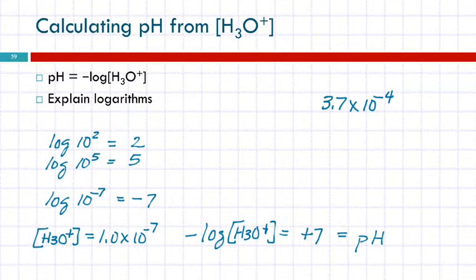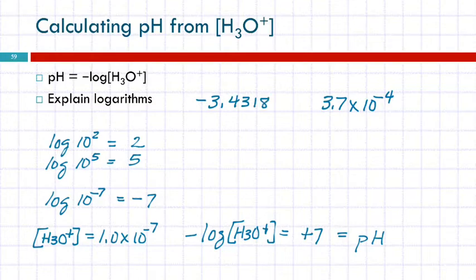On my 36X Pro, I press the log button twice because the first time gets me natural log, the second time gets me base 10 log, and then I put the number in, 3.7 times 10 to the negative 4, and I press equals, and I get negative 3.43.